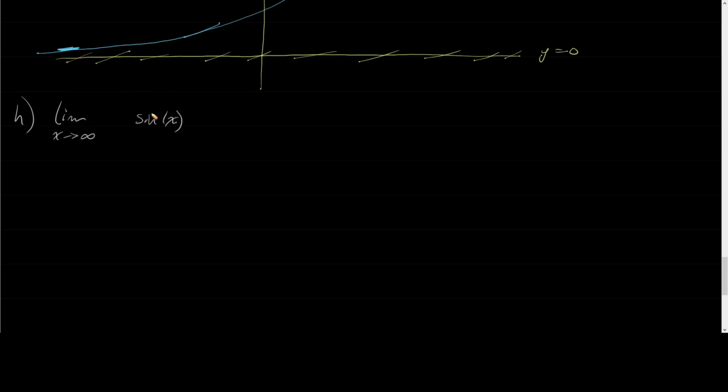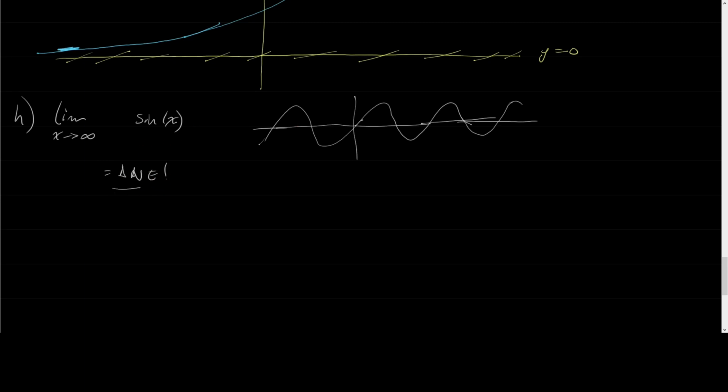As x goes to infinity of sine. Sine is a wave function that looks like this, right? And it just gets repeated forever and ever. It doesn't actually have a horizontal asymptote. So this limit does not exist because it's oscillating.